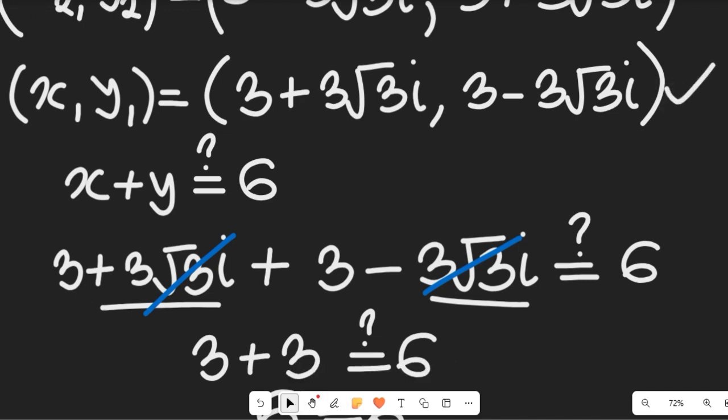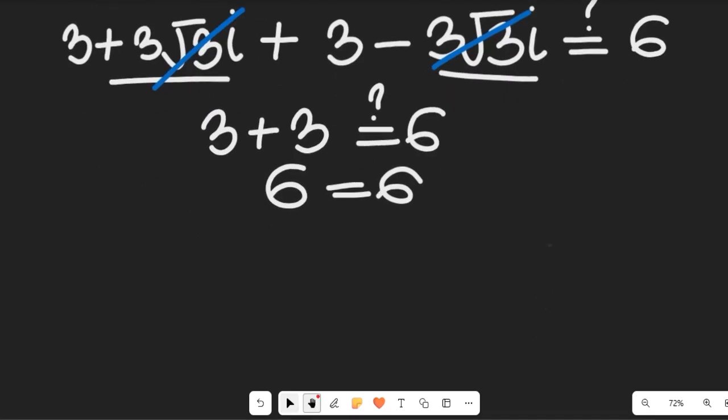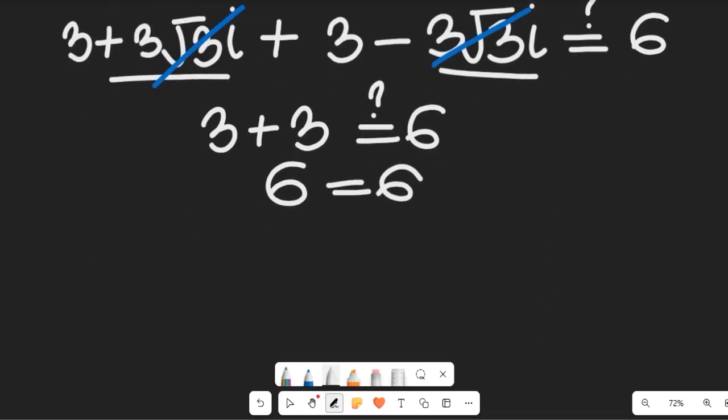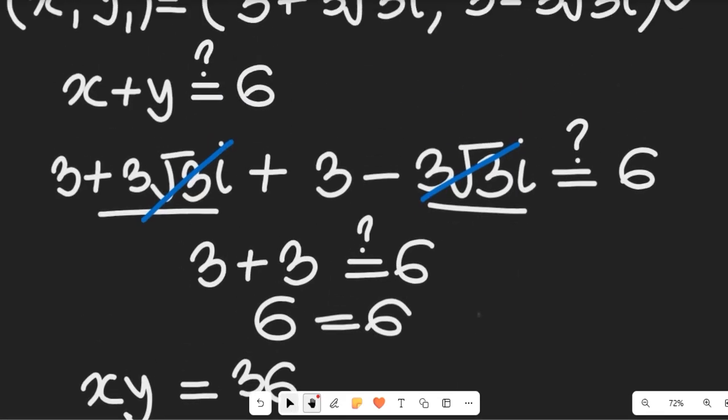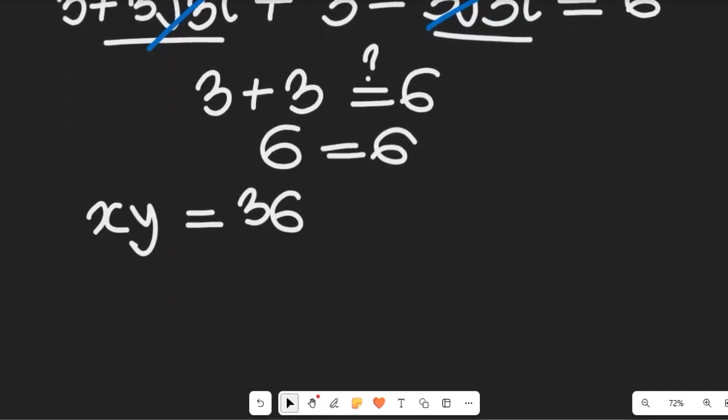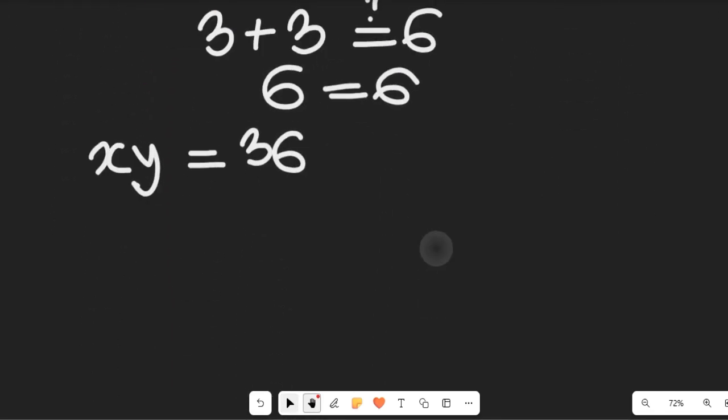Now, what if we do it the other way around, given the fact that x multiplied by y is equal to 36? If we apply the values of x and y into that expression, can it give us 36? Let's try it out.